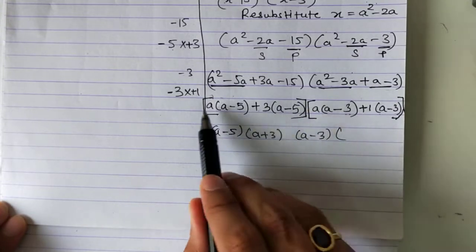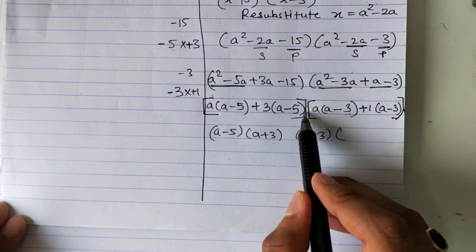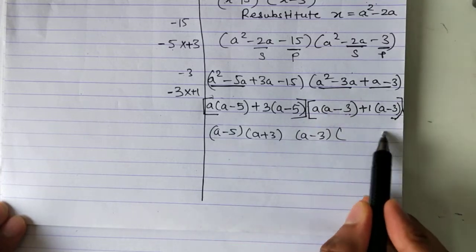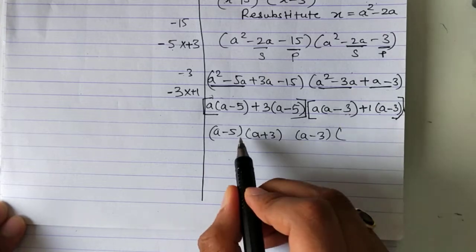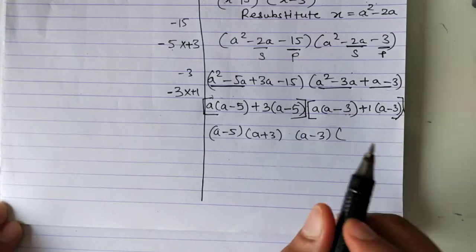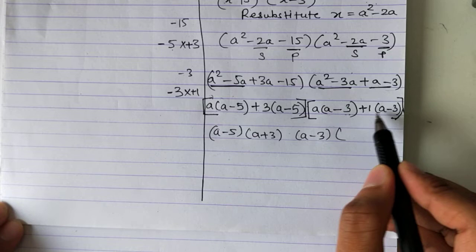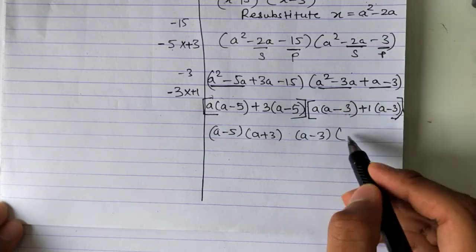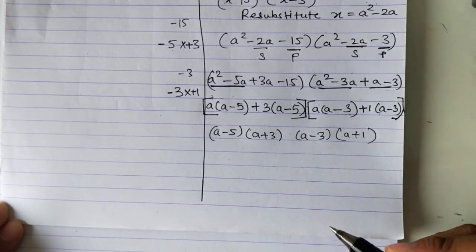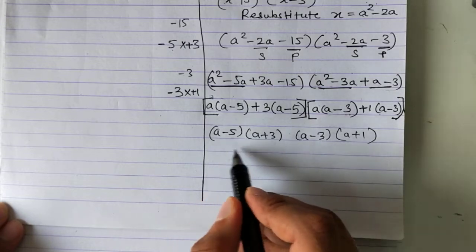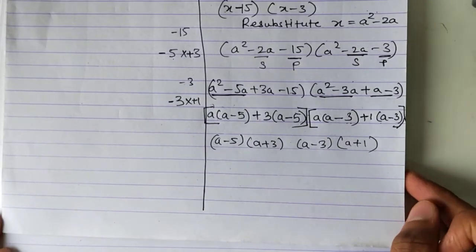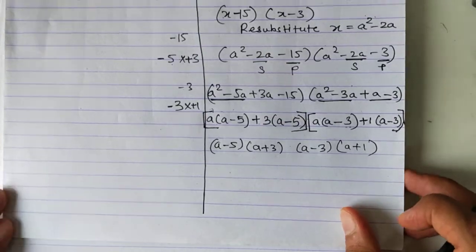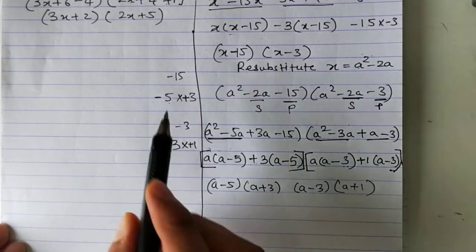And see, these both brackets having multiplication sign in between. That means all the brackets which you will get here will have multiplication sign between them. Okay, so even if you do not write any sign, that means it is multiplication. So a minus 3 is common. So a plus 1. 4 brackets. These 4 brackets are your answer. Okay. Copy this. This is an important sum.